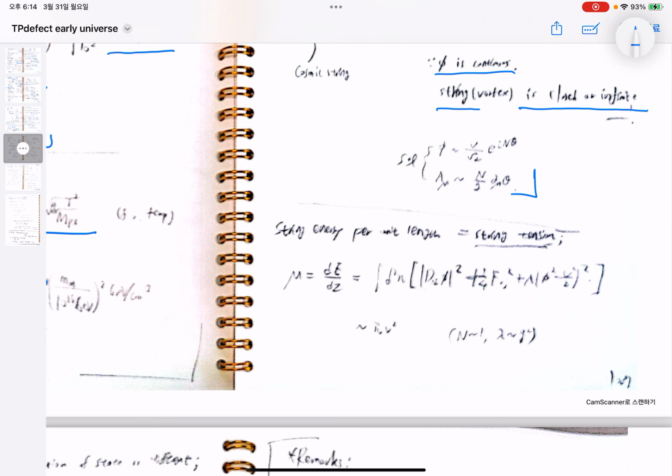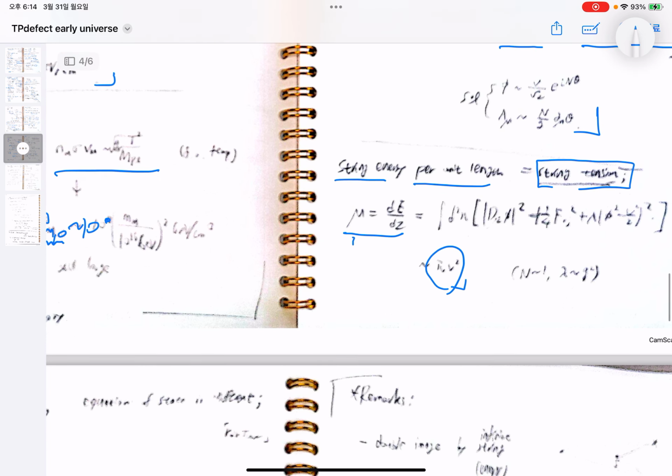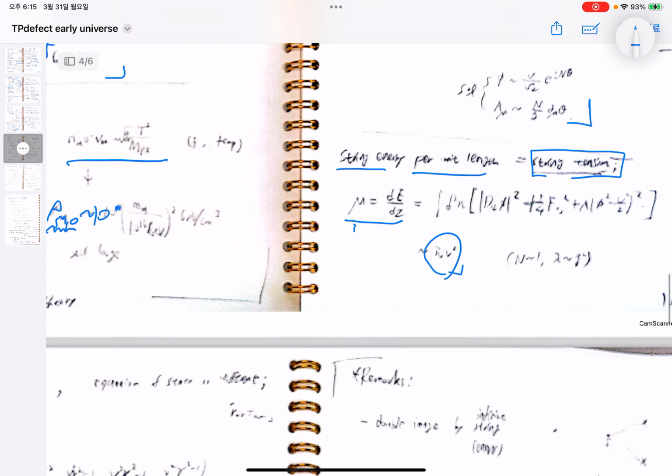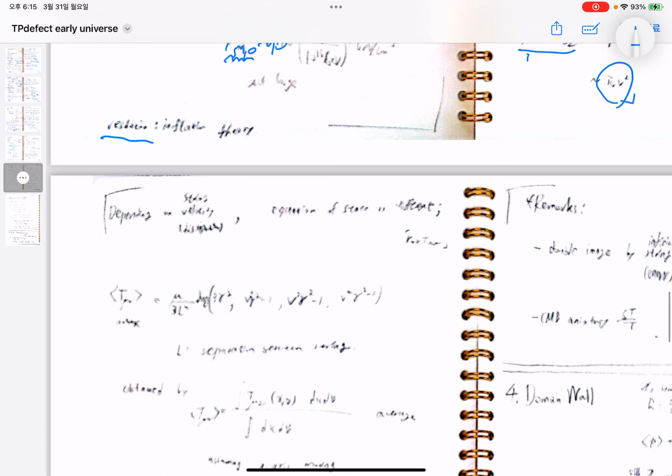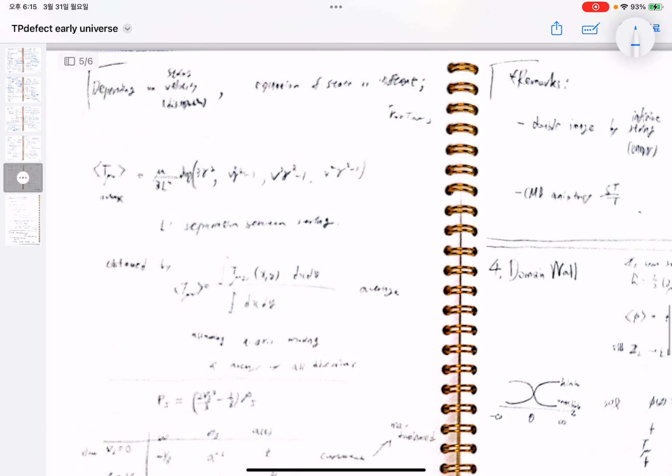And also we can obtain the string energy per unit length, which is defined as the string tension mu, and that is given by pi v squared. So v is the vev scale, and we assume that the winding number is equal to one here. And we can calculate the equation of state of such a cosmic string.